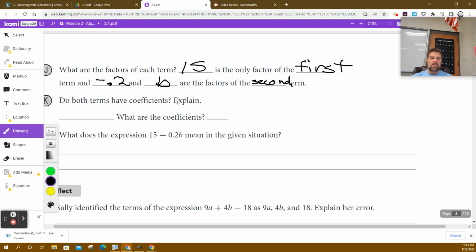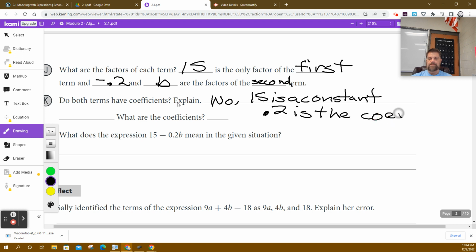So part K says, do both terms have coefficients? No. $15 is a constant. 0.2 is the coefficient of B. So there is a coefficient in everything, but it's not both terms. 15 is a constant, so that doesn't have a coefficient.